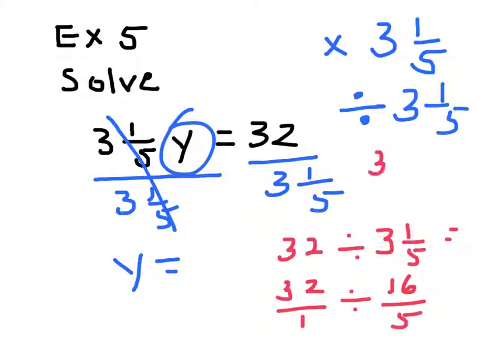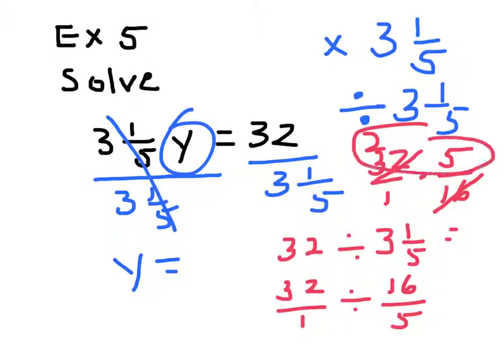So you're going to take 32 times 5/16. Now I can divide both these by 16, leaves 2, and 2 times 5, I get 10. Now, I'm not going to take the time on the check on this one, but you should be able to take 3 1/5 times 10 and get 32.